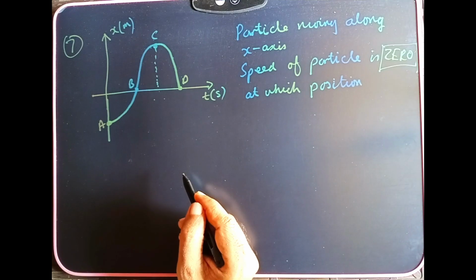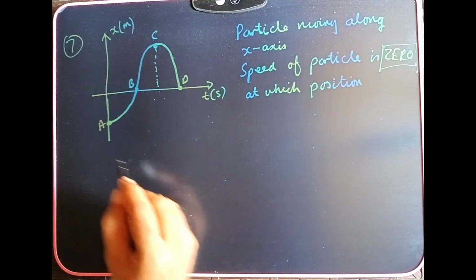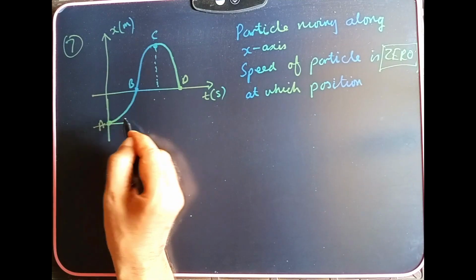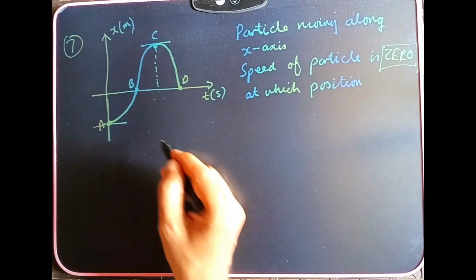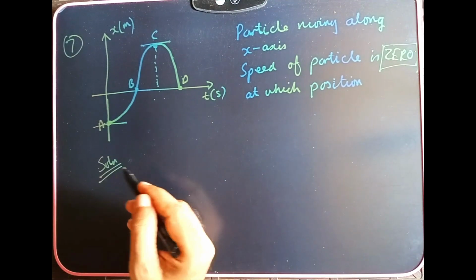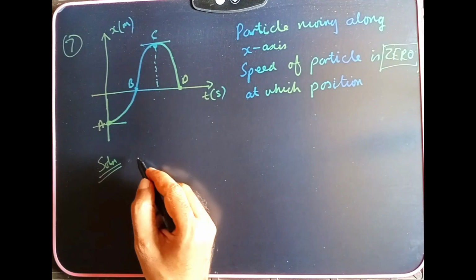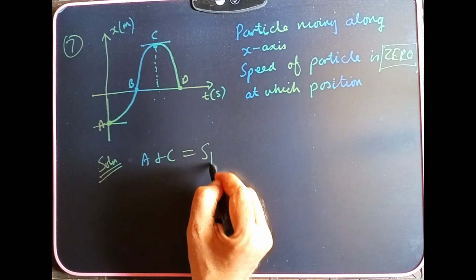Try to solve it yourself. Speed being 0 means slope has to be 0, right? At this point A, slope will be 0. At this point C, slope will be 0. So at points A and C, as I solved a similar question before, the speed will be 0.